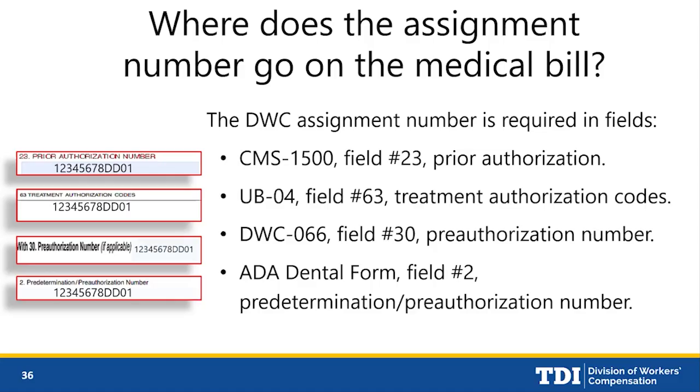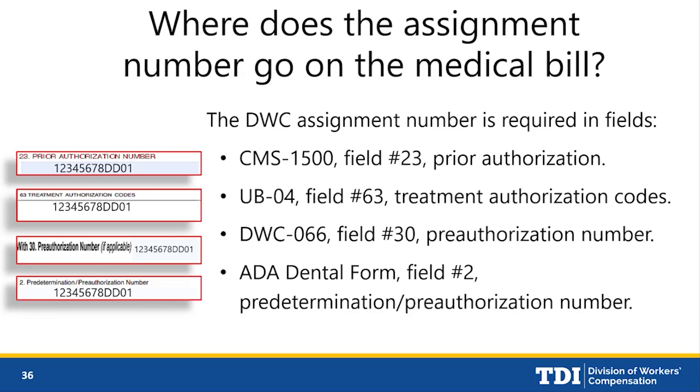This is a case where you would send them that assignment number and make sure they put it on their bill. Then your DWC 66, field 30. I can't imagine where we would see that form being used, but maybe. And then box 2 of the dental form, we definitely have dental claims in the system.